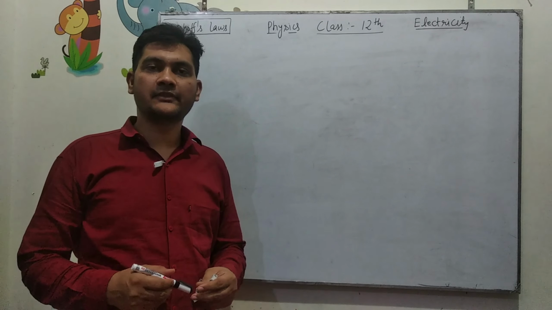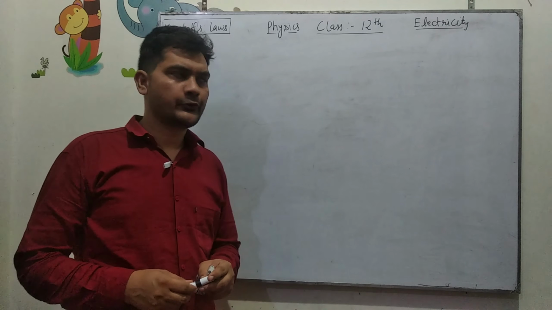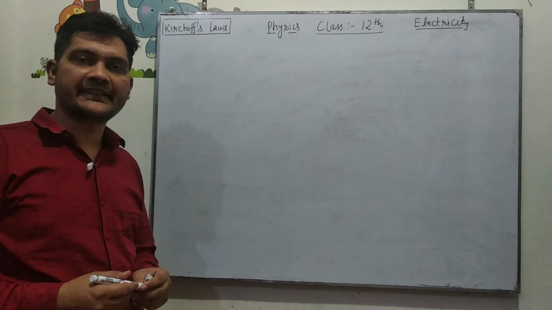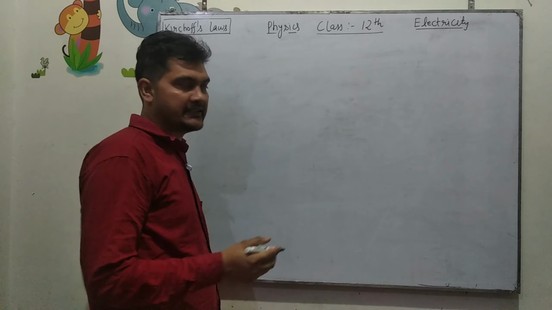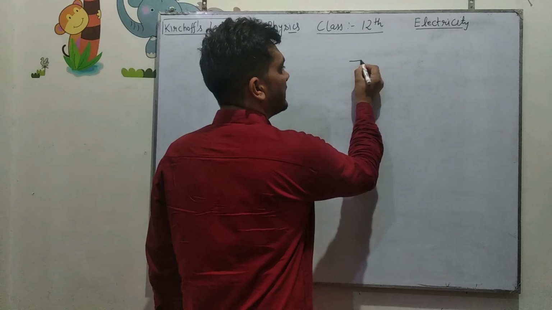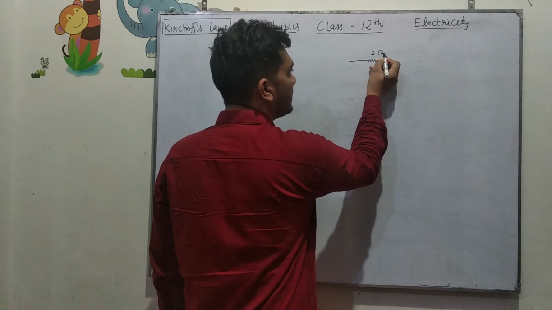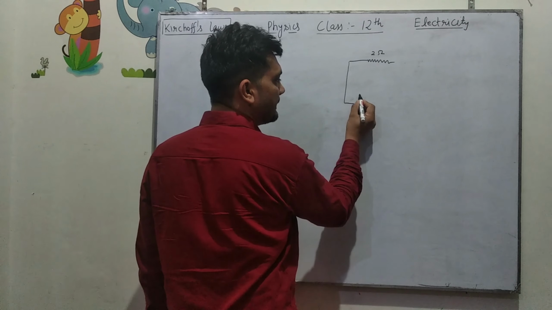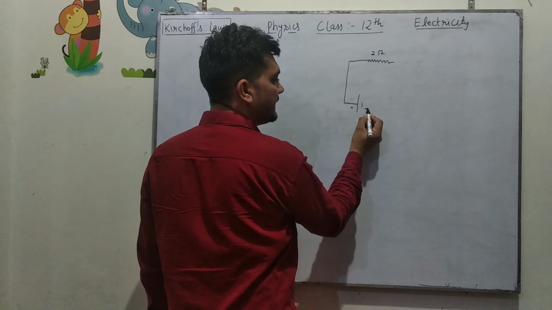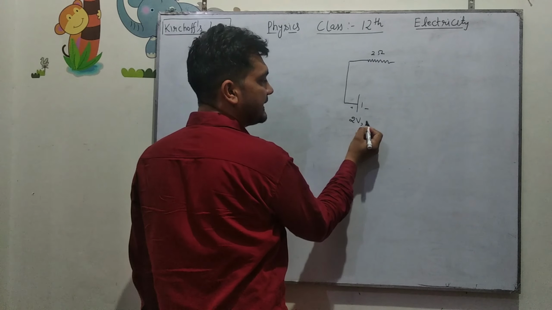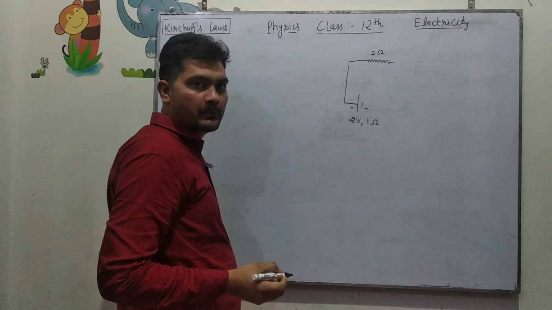Now let us take one example to find current in a closed circuit. Let me have this closed circuit and we want to find out the electric current in each branch using Kirchhoff's laws. Suppose we have this resistance of 2 ohm connected with a battery of EMF 2 volt and internal resistance 1 ohm.